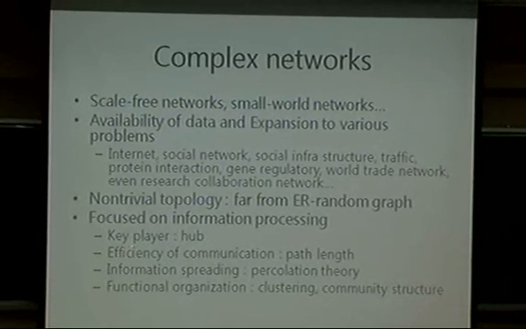If you want to see the efficiency of communication in the network, you may look at the path length. If you want to see how quickly information can spread, you may study percolation theory. If you want to see the functional organization of the networks, which part of the network works on this area and which part works on another problem, this kind of study can be done with clustering or community structure studies. So these complex network studies give you ideas of how a real network can be analyzed.